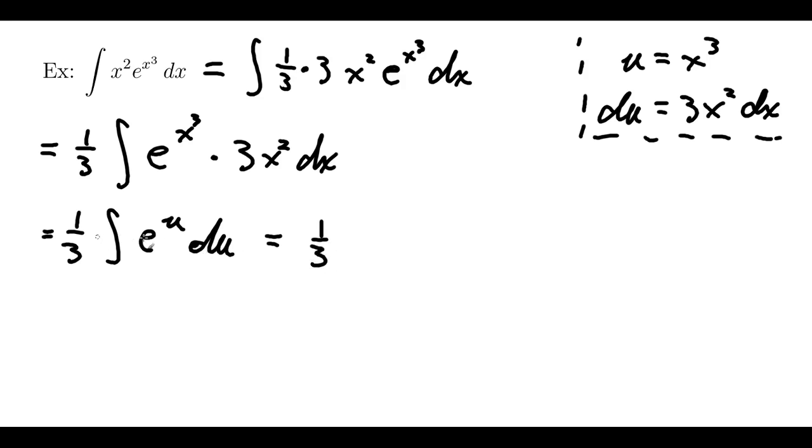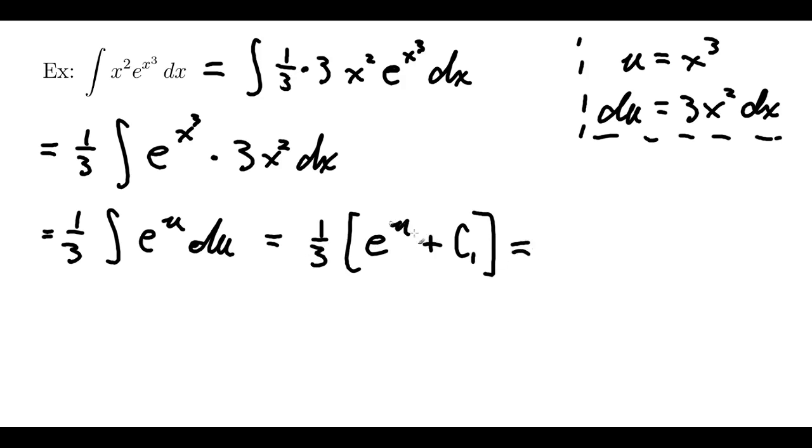So we have 1/3 of the integral of e to the u du. That is e to the u plus a constant. I'm going to call this constant c1 because I've written this very precisely with the 1/3 and whatnot.